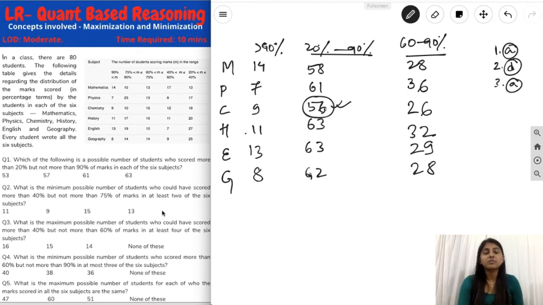Okay, so these are the numbers in the 60 to 90 range. We need to figure out the minimum possible students who have scored in this range in at most 3 subjects. If we want to minimize the ones who have scored in maximum 3 subjects, what are we going to do? Let's get the total of these numbers.